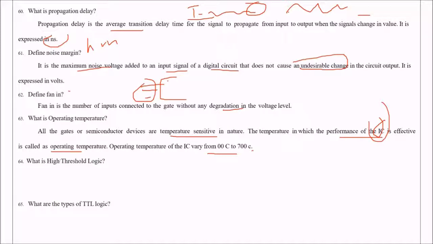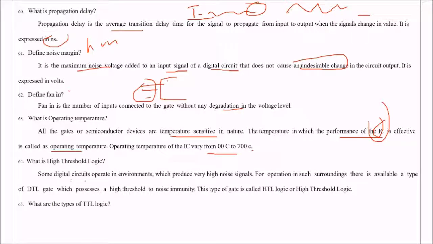What is HTL or high threshold logic? Some digital circuits operate in environments which produce very high noise signals. For operation in such surroundings, there is available a type of DTL gate which possesses a high threshold noise immunity.